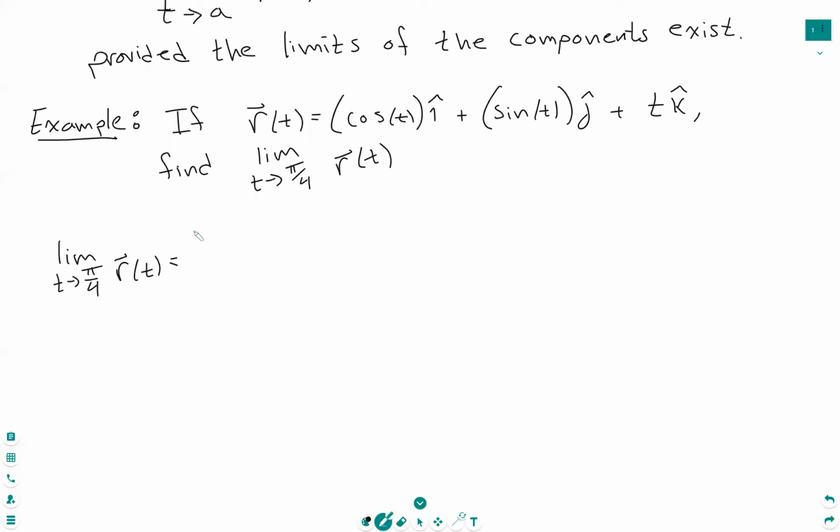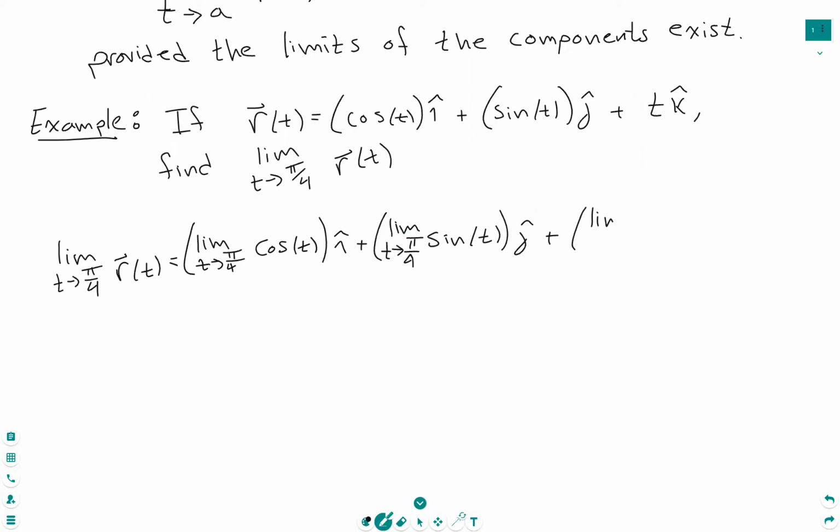I can write this as the limit as t goes to pi over 4 of cosine of t times i hat, plus the limit as t goes to pi over 4 of sine of t j hat, plus the limit as t goes to pi over 4 of t k hat.